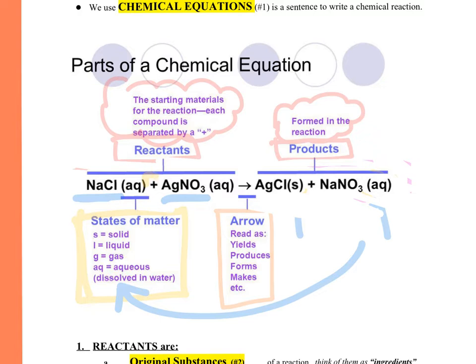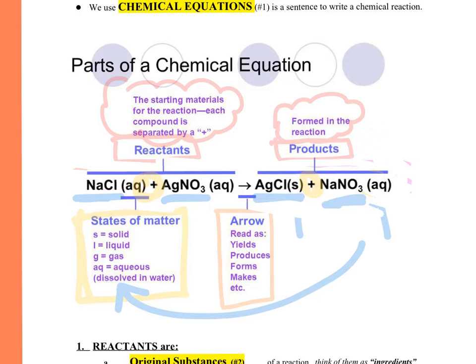We know that because there's a plus sign there. And if we look on the other side, AgCl is 1 compound, and NaNO3 is a different compound because of the plus sign. If there was no plus sign, then it would just be 1 giant compound.